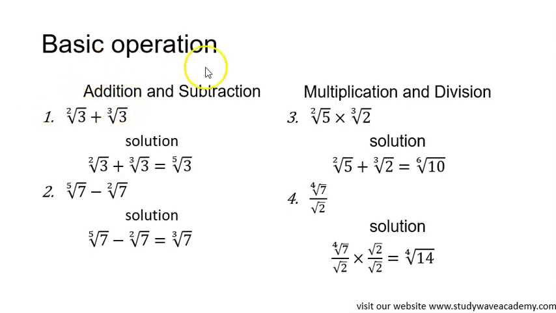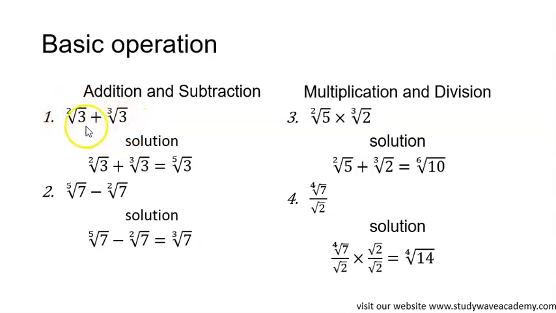So let's look at addition and subtraction first. Now, when adding or subtracting surds, ensure that the radicands are the same. 2 root 3 plus 3 root 3. You can see the radicands are the same, right?